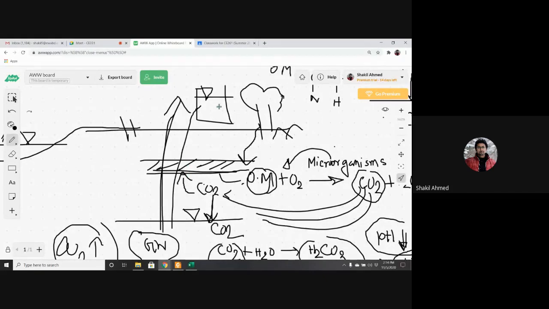Therefore, this carbon dioxide, which was dissolved at high pressure, will now escape because there is low pressure. So the carbon dioxide concentration you measure in the lab may not be the representative one, right?